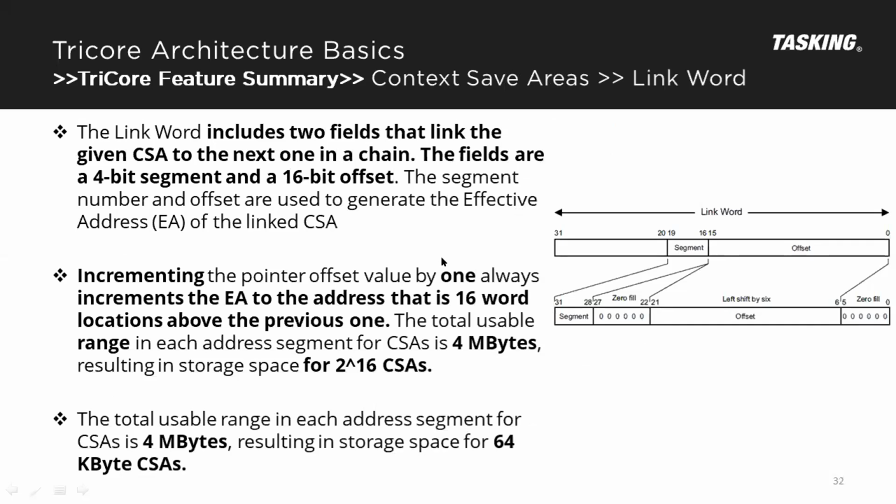So you have here a 16-bit offset. That means you could access up to 2 to the power 16 CSAs, or context save areas. And the total reusable range in every memory segment for CSA is 4 megabytes.